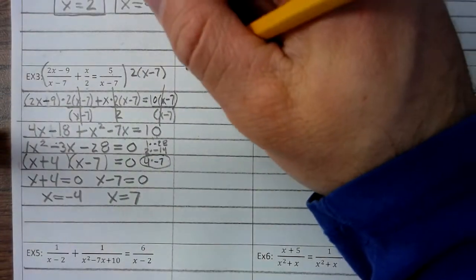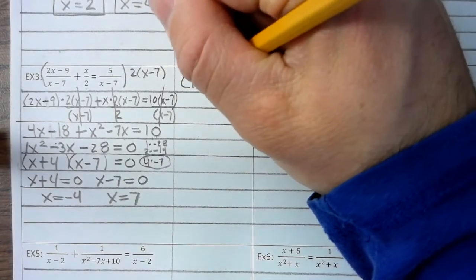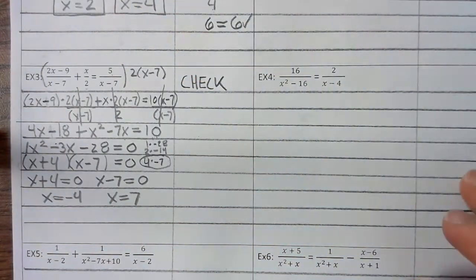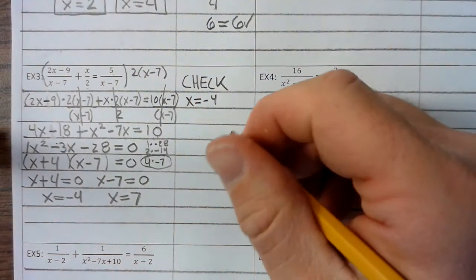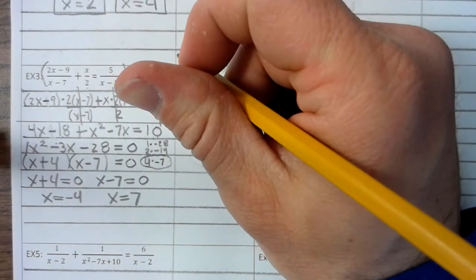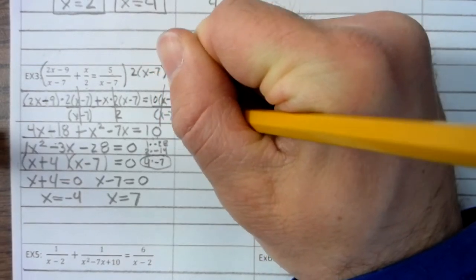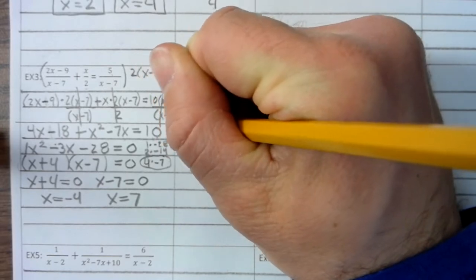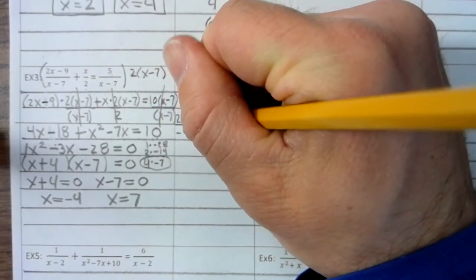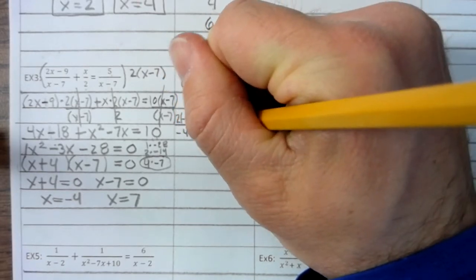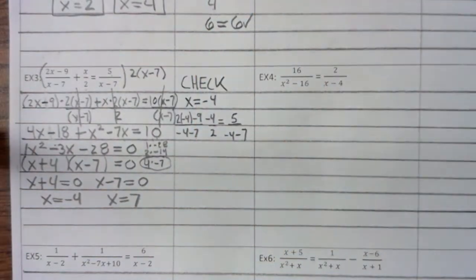So now let's check. Let's check x equals negative 4 first. It's 2 times negative 4 minus 9 divided by negative 4 minus 7, minus 4 divided by 2 equals 5 divided by negative 4 minus 7.